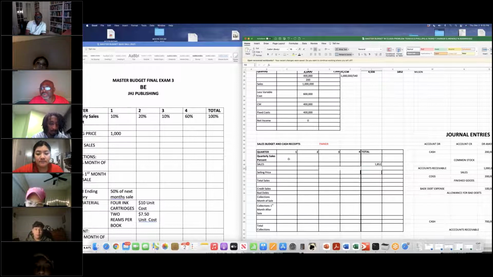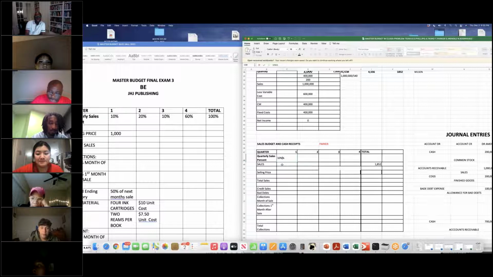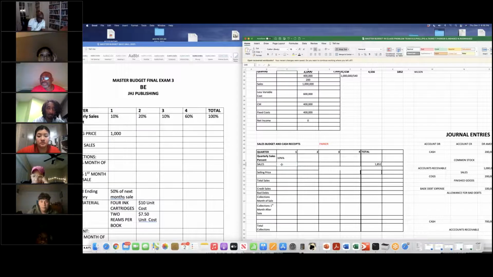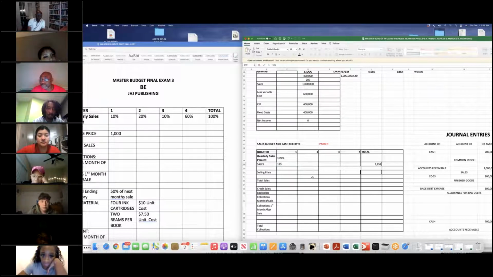In the first quarter, 10% of the sales occur. So we get our assumption of sales of 10%. The total sales of 1,852. So what's going to be the sales quantity in the first quarter? 185.20. Let's just put 185 down.